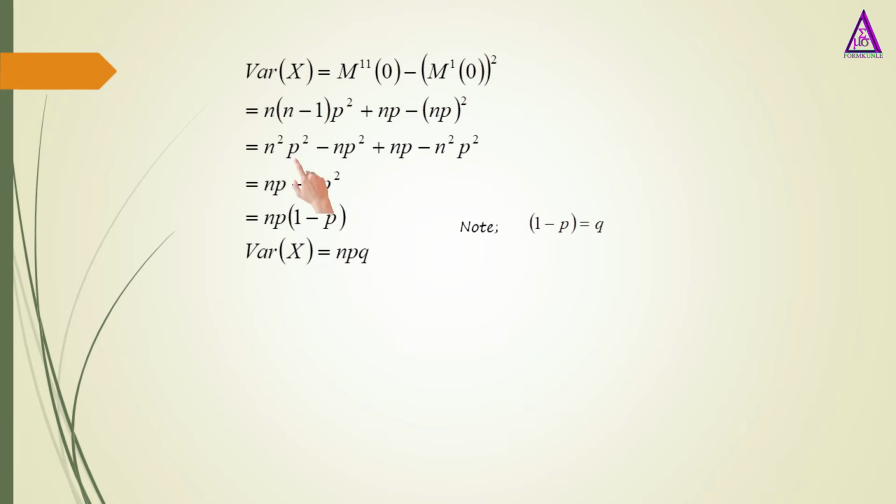So by calculation, this one cancels this one, we have np minus np square. And when we factorize np out, we have np into bracket 1 minus p, and we know that 1 minus p equals q based on the binomial rule. So therefore, our variance of the binomial distribution using the moment generating function method is npq.